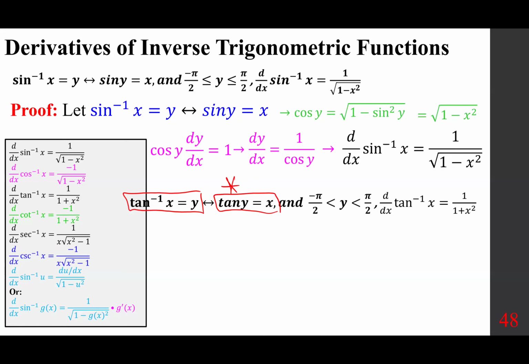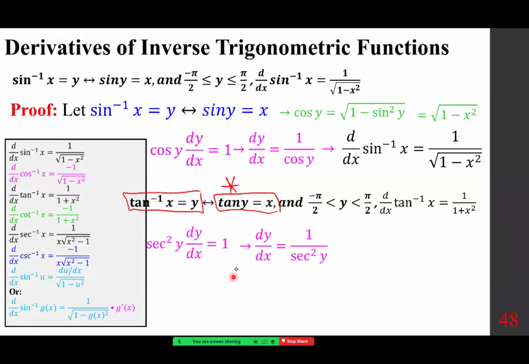Tan gives us secant squared. So this is secant squared y, dy dx, and this is 1. So again, class, tangent gives us secant squared y, dy dx, and x gives you 1. Therefore, dy dx is 1 over secant squared y. Let's go to trigonometric identities. We remember 1 plus tan squared is secant squared.